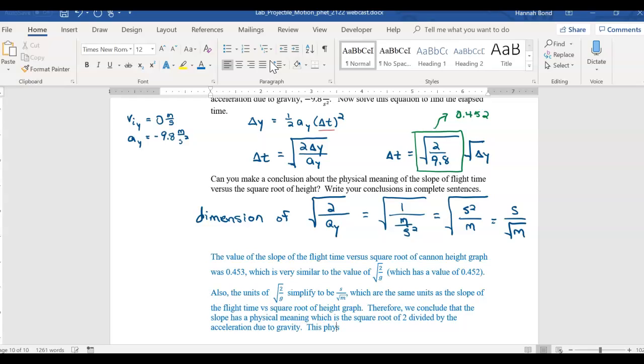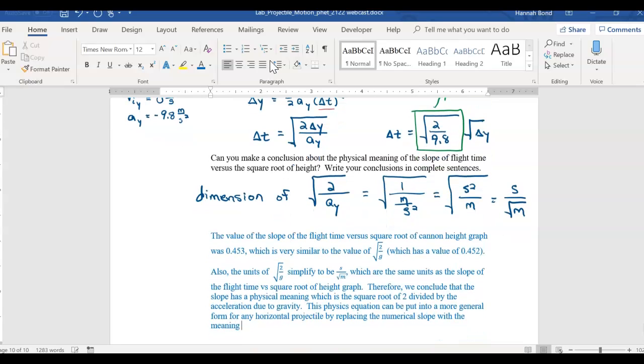This physics equation can be put into a more general form for any horizontal projectile by replacing the numerical slope with the meaning of the slope, as shown below.